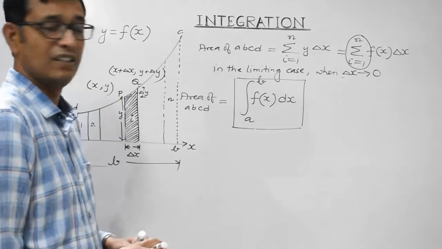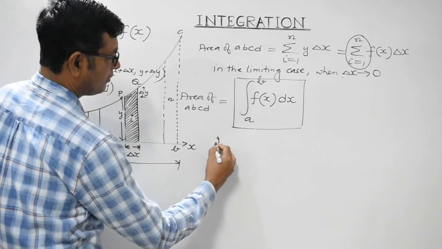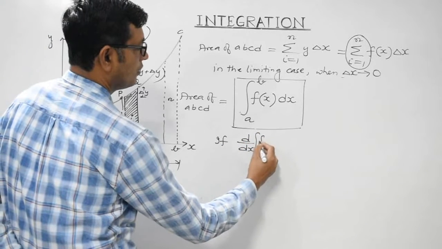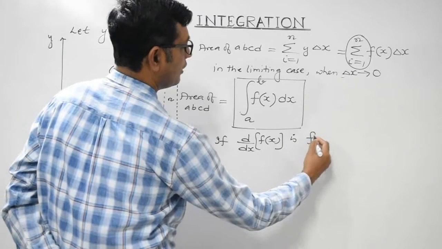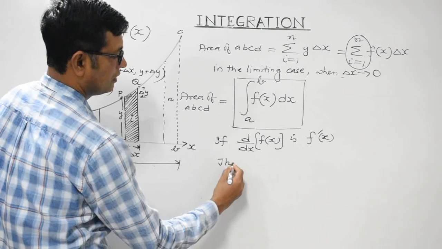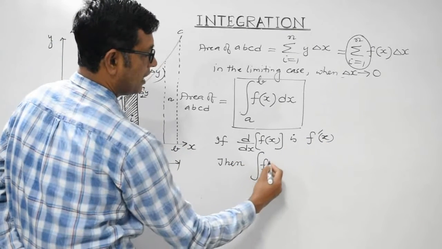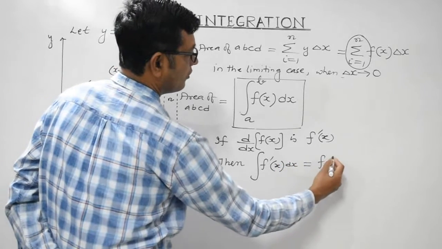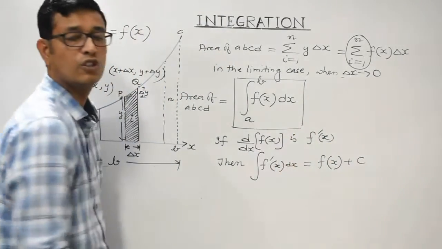Mathematically, I'll convince you. Mathematically, if the differentiation of f(x) is, suppose, f'(x), then the integration of f'(x) with respect to x would be equal to f(x) plus c. c is some constant of integration.